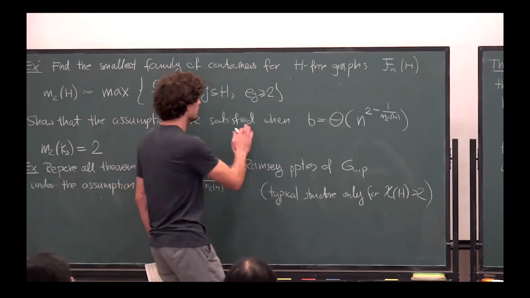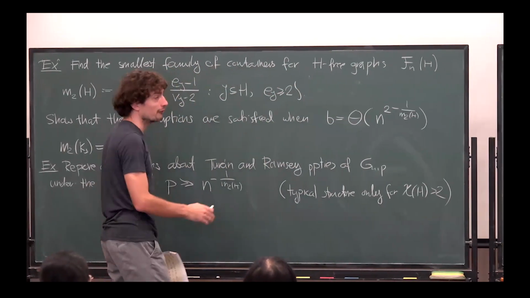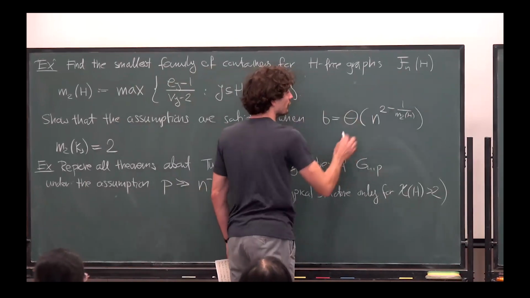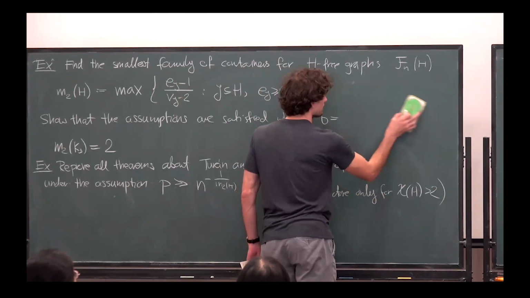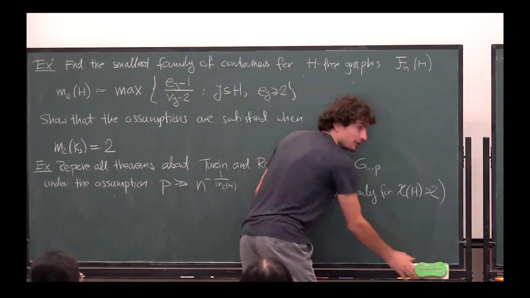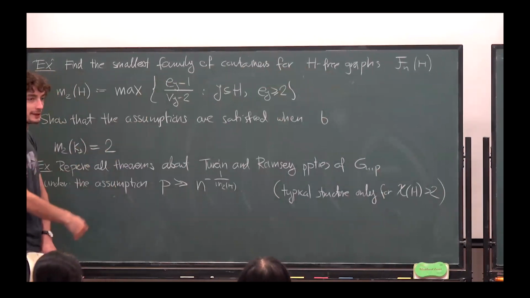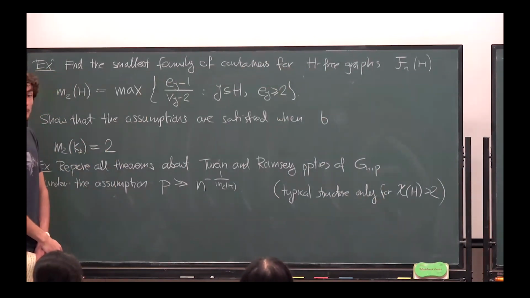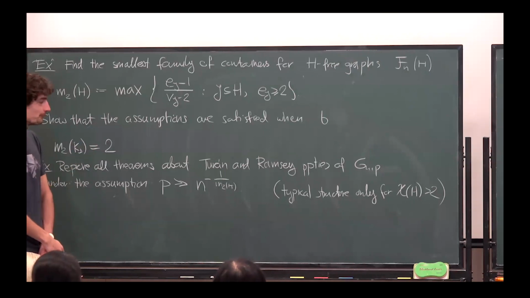Suppose that you can verify the assumptions of the theorem for this hypergraph of copies of H in the complete graph. Let's forget that we prove this, and let's just say that someone promised us that we can prove it for some abstract value of B, but we don't know how it relates to the graph.